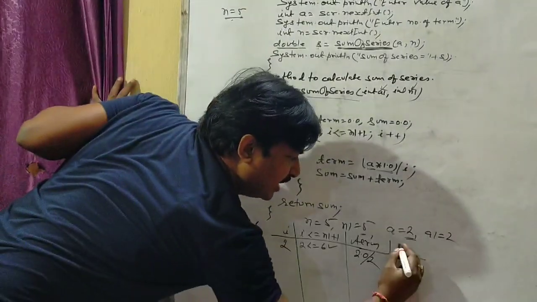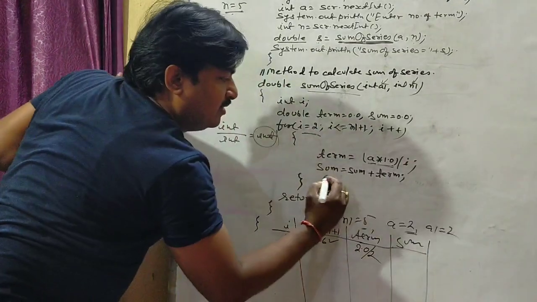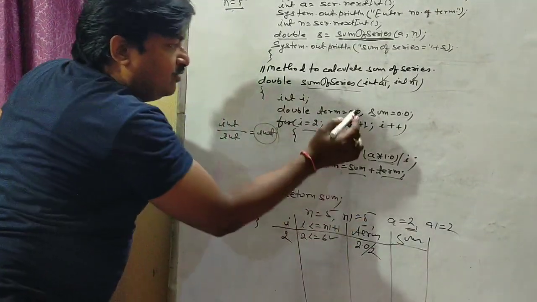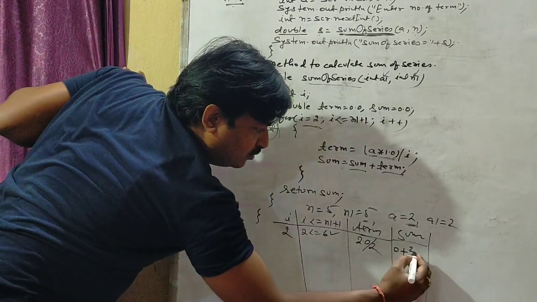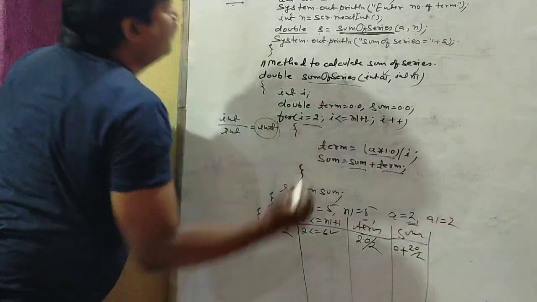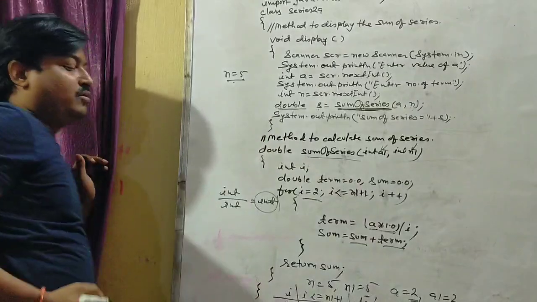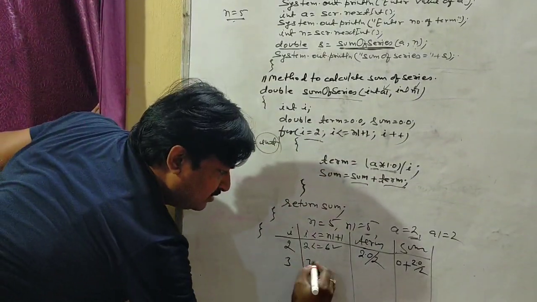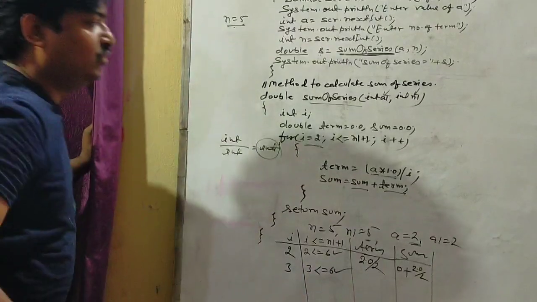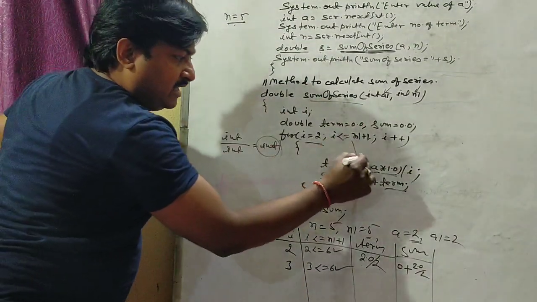Now sum equal to sum plus term. The value of sum is 0, so 0 plus 2.0 by 2. So this term is stored in variable sum. Again i plus plus, i equal to 3, 3 less than or equal to 6, the condition is true. Control moves inside the loop.